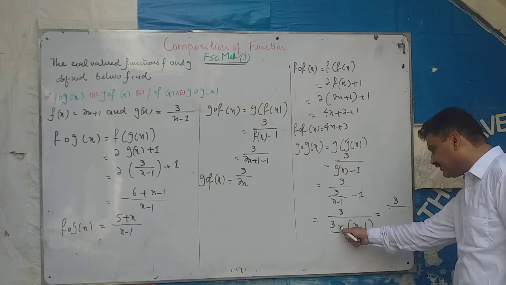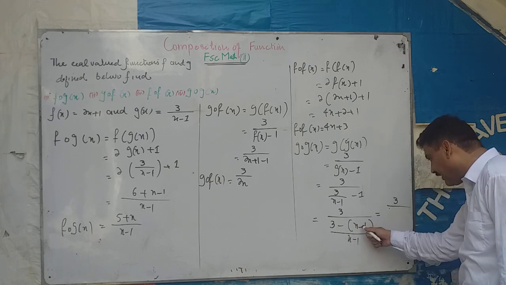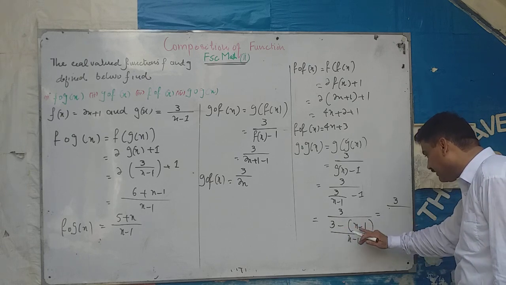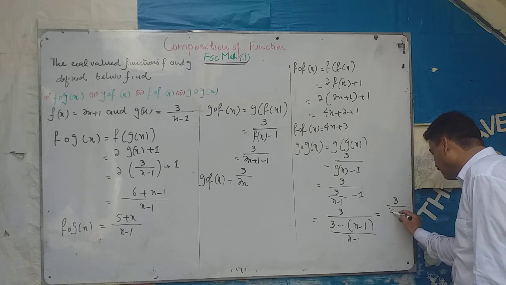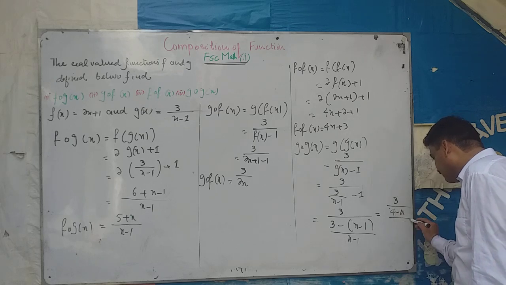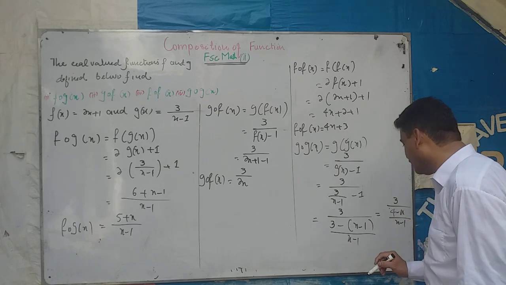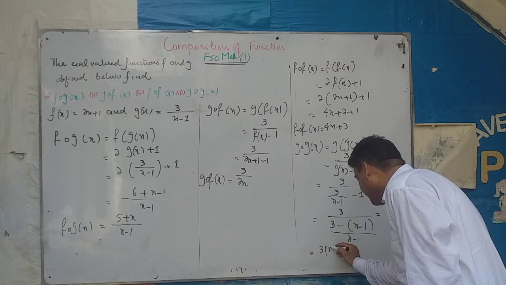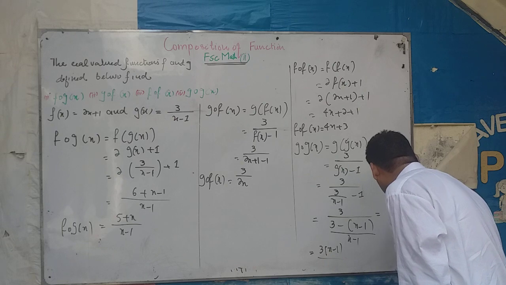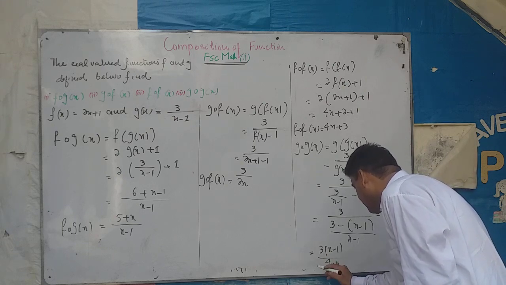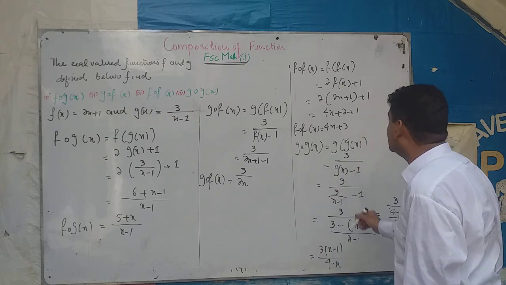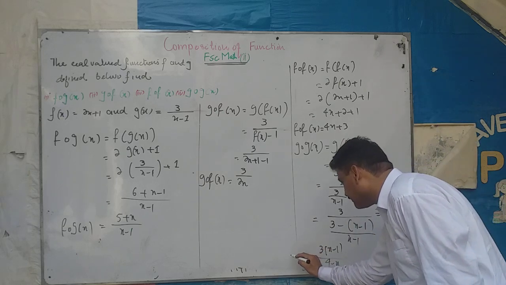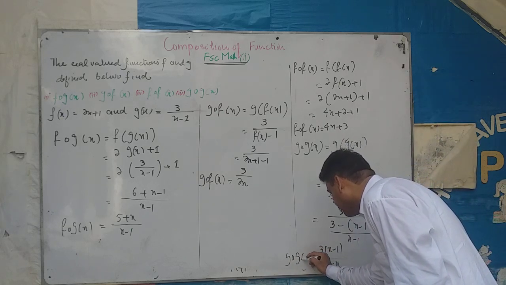When we multiply the negative sign with the term within the bracket, we will get minus times minus is plus, 3 plus 1 is 4, 4 minus x by x minus 1, and finally we will get 3 multiplied by x minus 1 over 4 minus x. This is the value of g of g of x.